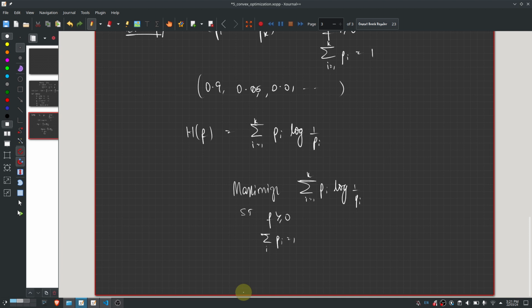But in addition, you may also have certain constraints on expectations. It could be the mean, it could be the variance, it could be a bunch of different quantities. And in general, all of these can be formulated in the following way: summation j equal to 1 to k, alpha_ij p_j should be less than or equal to beta_i for i equal to 1, 2, 3 up to m.